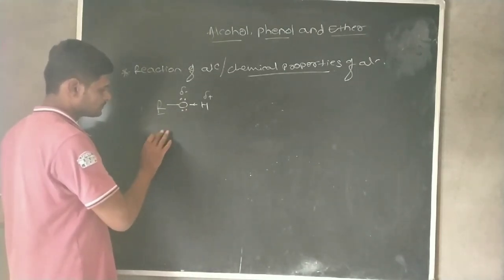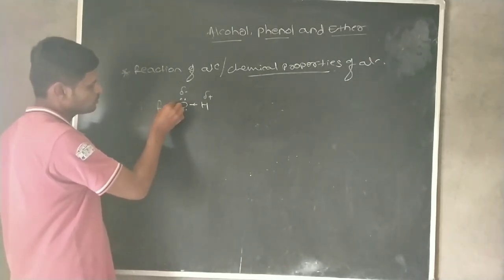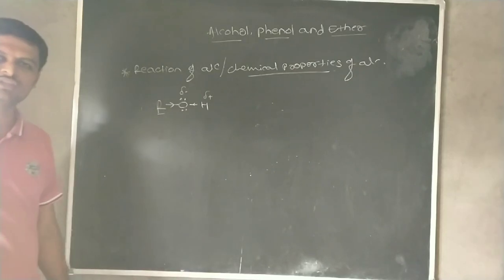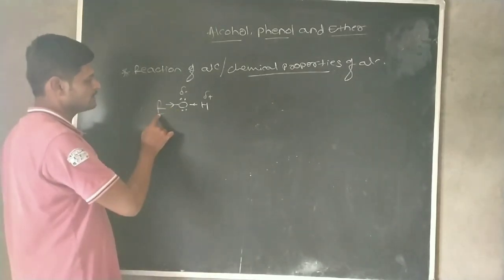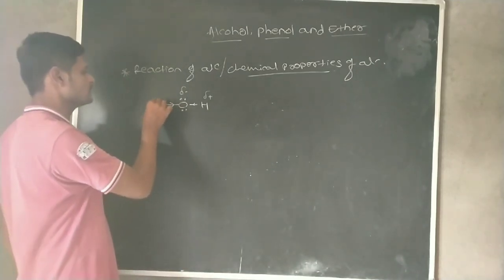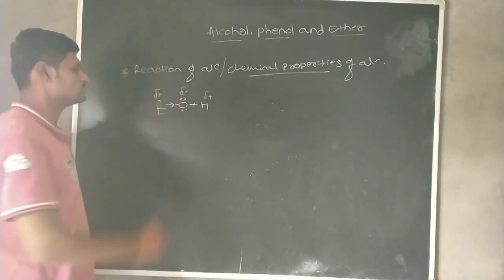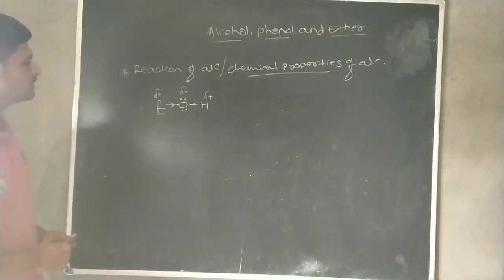After that, the alkyl group also donates electrons to the oxygen atom, so the electron density keeps increasing around the oxygen atom, and the alkyl group shows a partial positive charge. This is the nature of alcohol.